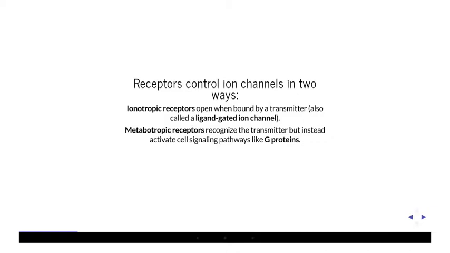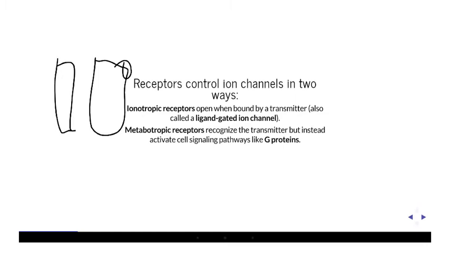In the case of ionotropic receptors, when you have a channel, the receptor is built on the channel just like we saw before with the acetylcholine, and when the neurotransmitter binds to the receptor, something else like sodium rushes in.